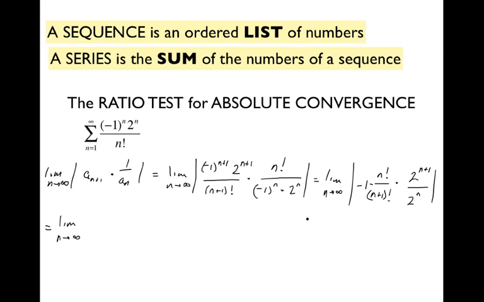So negative 1 is going to go in the end, so we can just take it out. But n factorial over n plus 1 factorial. Yeah, Gabe? Right, so n plus 1 factorial is n plus 1 times n times n minus 1 times n minus 2.